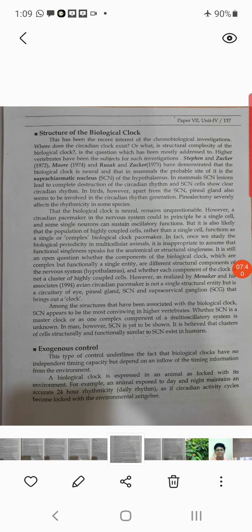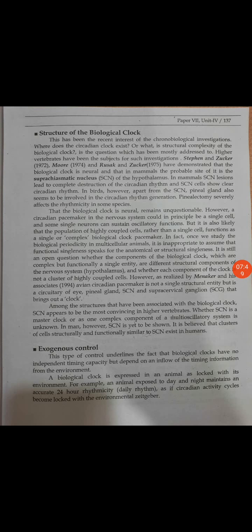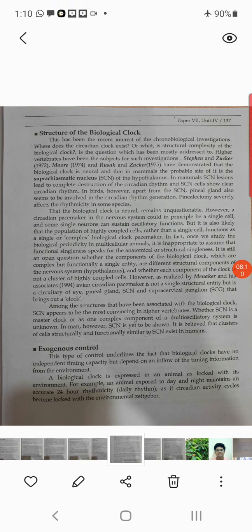Our daily routine is recorded, and we do the same work at the same time. In birds, however, apart from the SCN, the pineal gland also seems to be involved in circadian rhythm generation, and pinealectomy severely affects the rhythmicity in some species. So it is observed that the pineal gland is very important. If you remove the pineal gland, their circadian rhythm or biological clock gets disturbed.